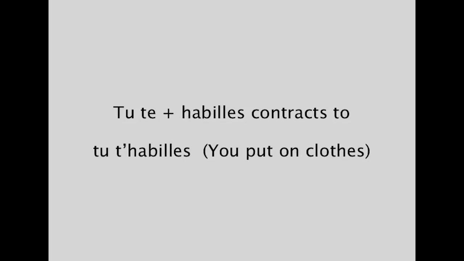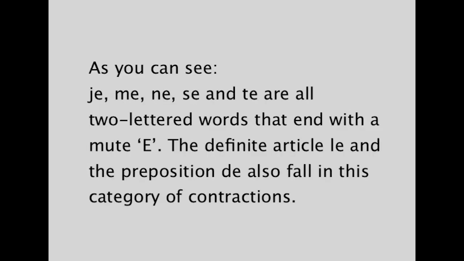Tu te plus habilles contracts to tu t'habilles, which means you put on clothes. As you can see, je, me, ne, se and te are all two-lettered words that end with the mute e. The definite article le and the preposition de also fall in this category of contractions.